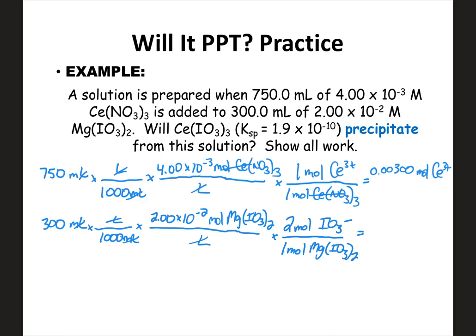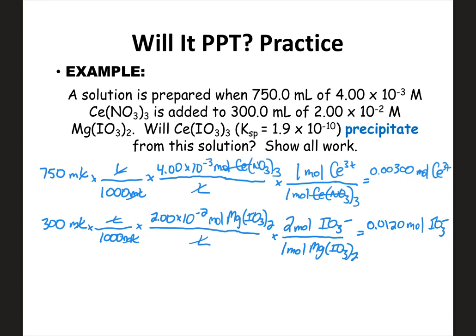Okay, so that's what we mean by pay attention to the number of the ions in the compound itself. All right, so there's 2 IO3 minus essentially for every one of the compound. So when I solve this for moles, I get 0.0120 moles of the IO3 minus here.